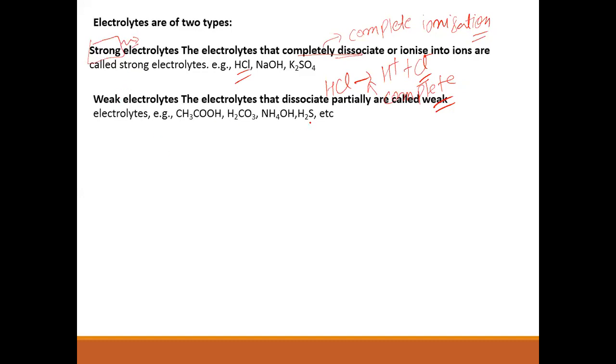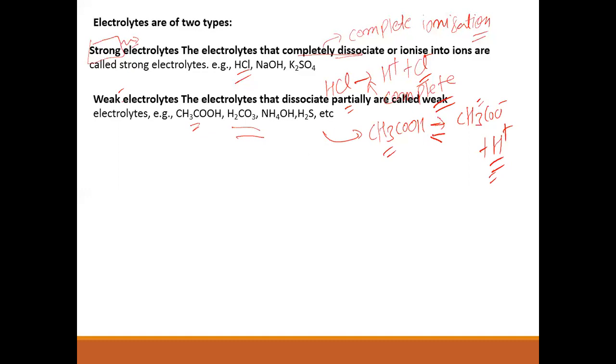What is a weak electrolyte? Weak means partial ionization, a substance which undergoes partial ionization. Let's take an example of acetic acid. CH3COOH gives CH3COO- plus H+. So here acetic acid breaks into acetate ion and H+ ion. Here the sign is reversible.